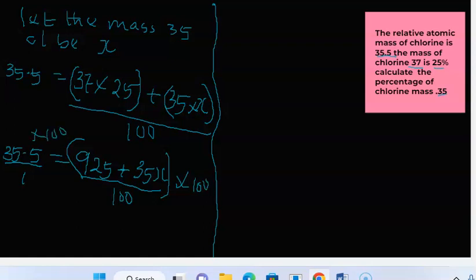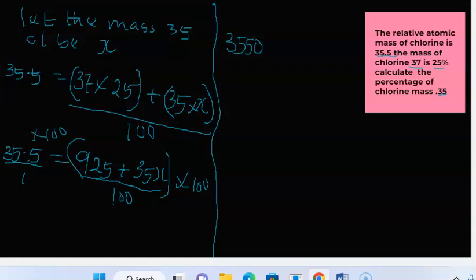Now 1 does not change anything. So 35.5 times 100, we get 3,550 on the calculator, because the zero removes the decimal point and another zero is added at the end.